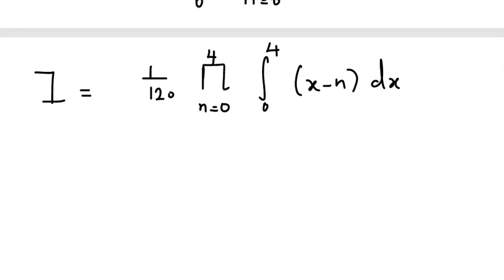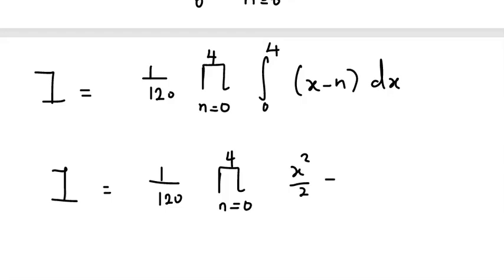So from here, our I is equal to 1 over 120. We have our product as n moves from 0 to 4. Then the integral of x will give us x squared divided by 2, minus the integral of n with respect to x, which will give us n times x. And then we have our limit from 0 to 4.